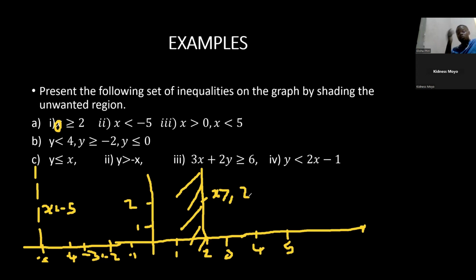We move on to the third one: x is greater than 0. At which point is this line going to cut the x-axis? At 0 itself. So we draw a line here. Now, you've seen that I've made a mistake here.